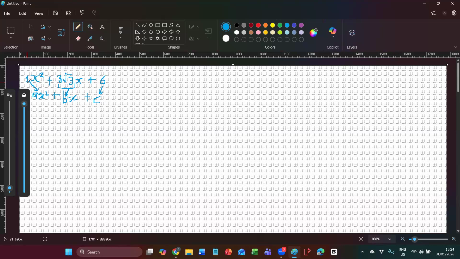Okay, so let's take it a step forward. If we had to factorize this, with the assumption that it could be equal to zero at some point, then this is what we will do.